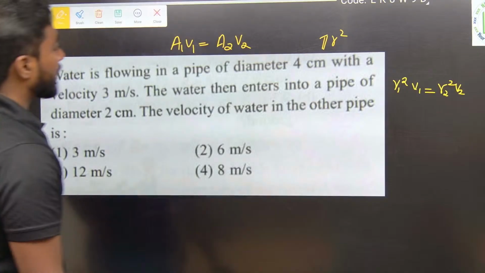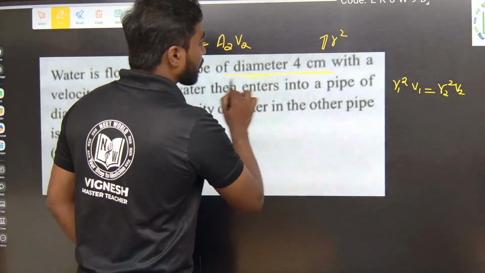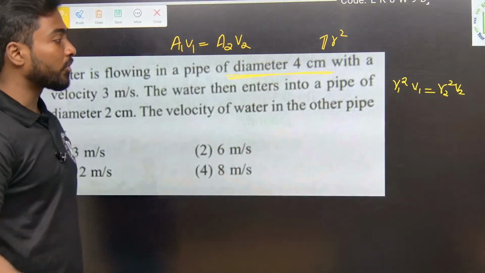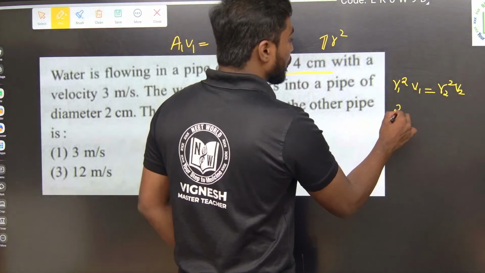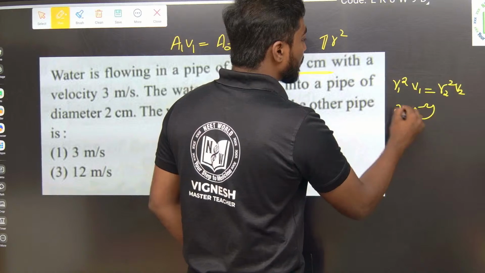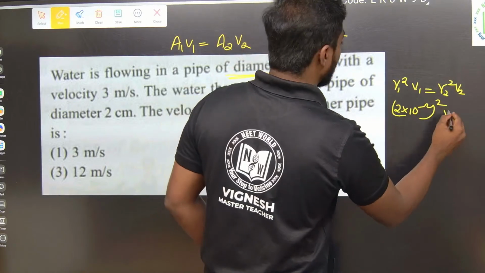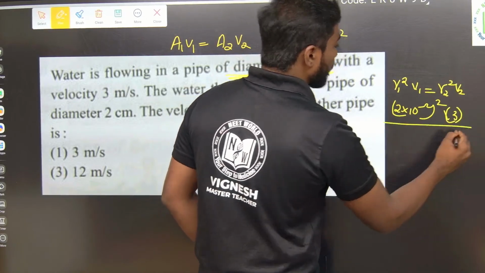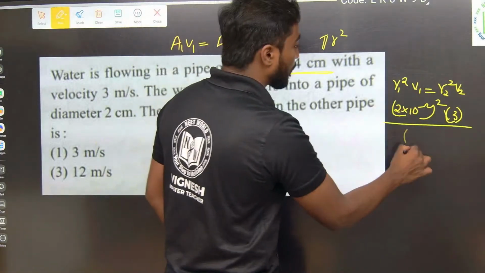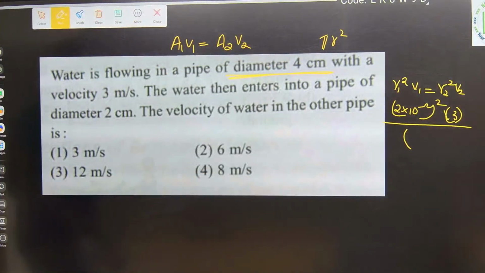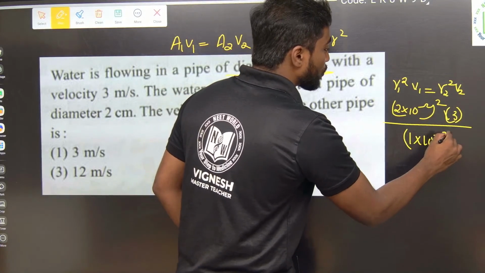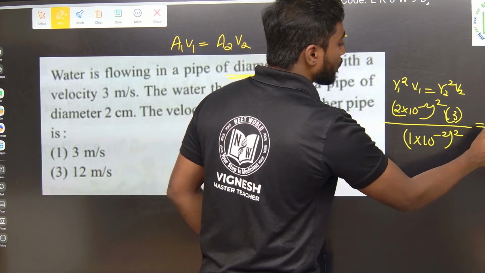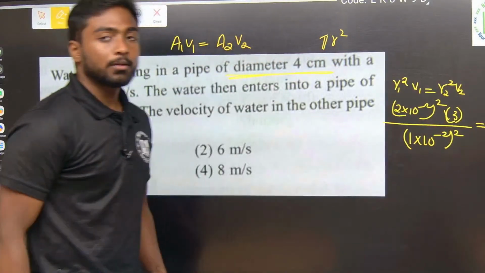The diameter is 4 centimeter, so radius will be 2 centimeter, which in meter is 2 into 10 power minus 2, the whole squared, times V1 which is 3, divided by the radius of the second pipe, 1 into 10 power minus 2 the whole squared, equals V2.